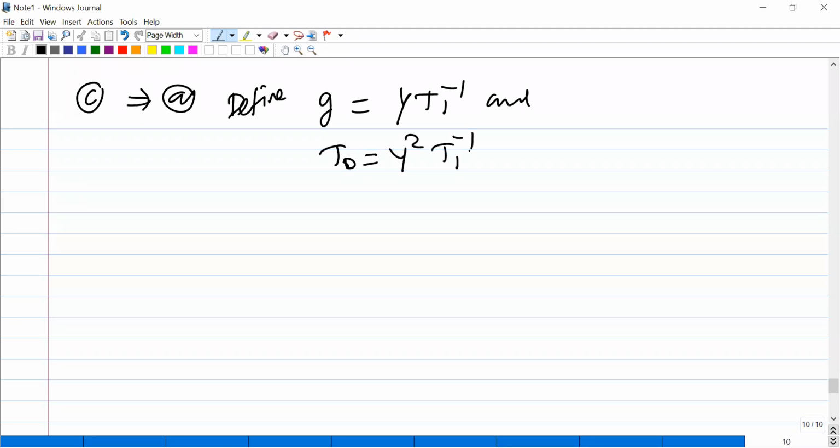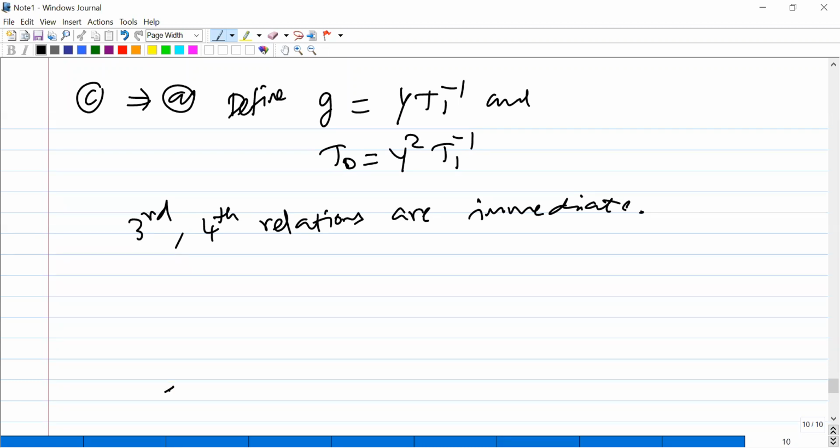Then the third and the fourth relations are immediate, because they are the same as what we have here.